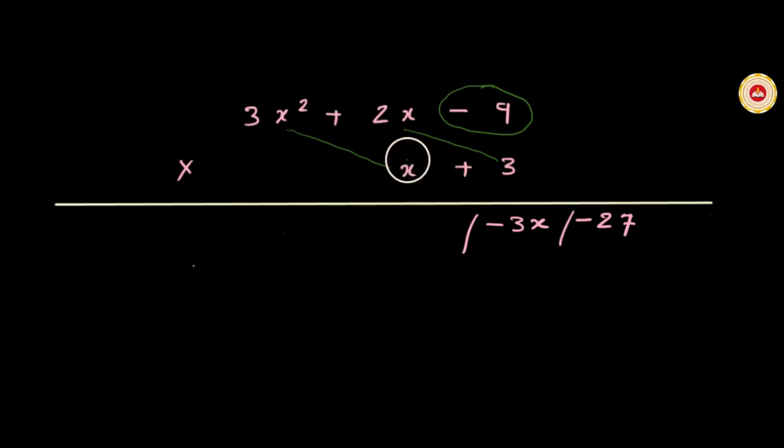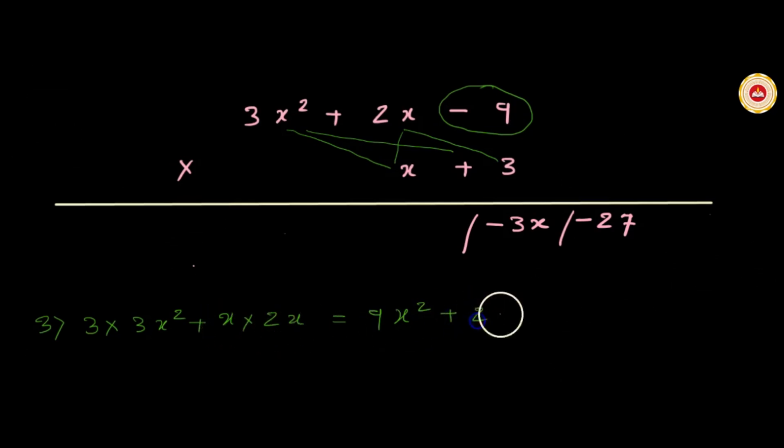Now two columns, so let us multiply the terms in these two columns crosswise. Step number 3. 3 multiplied by 3x squared plus x multiplied by 2x. 3 3s are 9, 9x squared, plus x multiplied by 2x is 2x squared, which is equal to 9 plus 2, 11x squared, right?